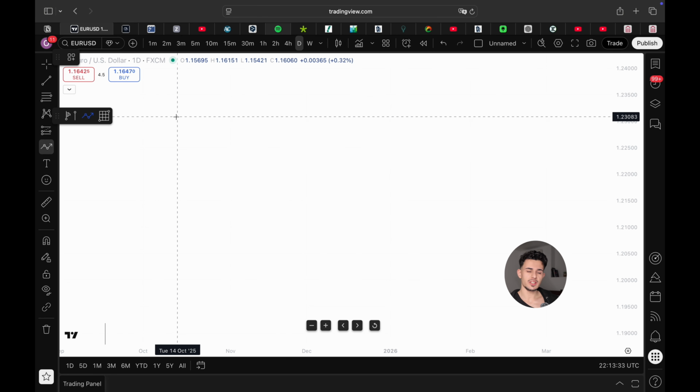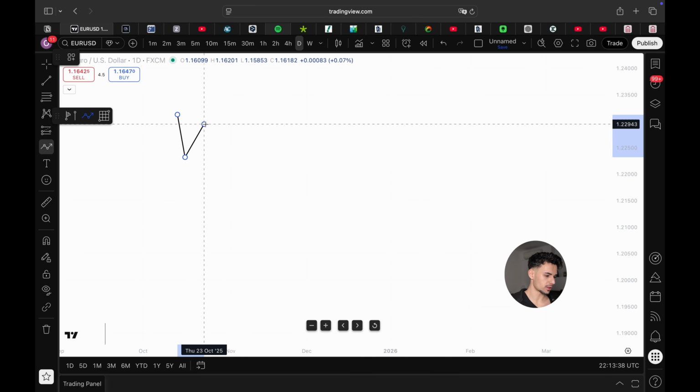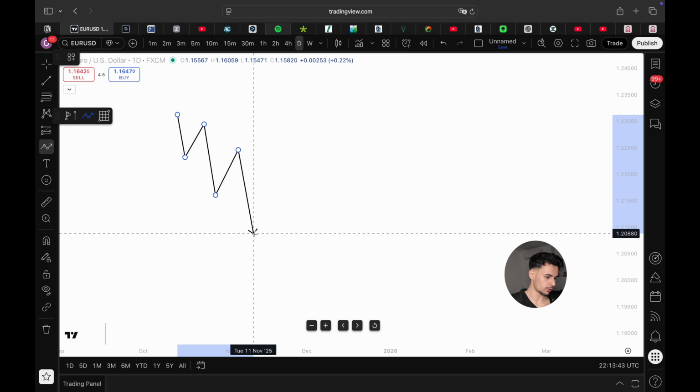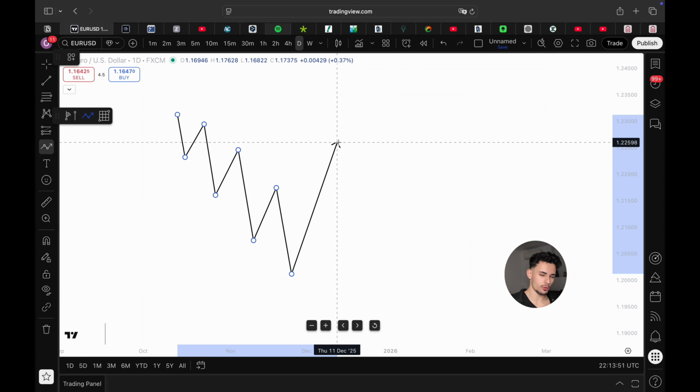So once we see that we now changed from a bearish to a bullish trend, let me get this one again. So we have our low, our lower high, lower low, lower high, lower low, and then we break through.